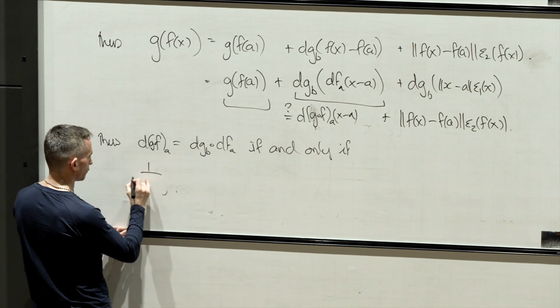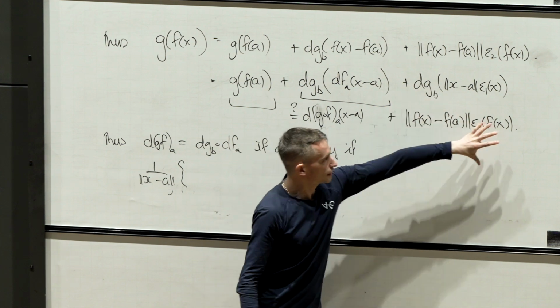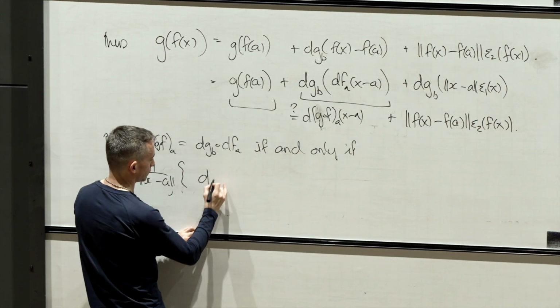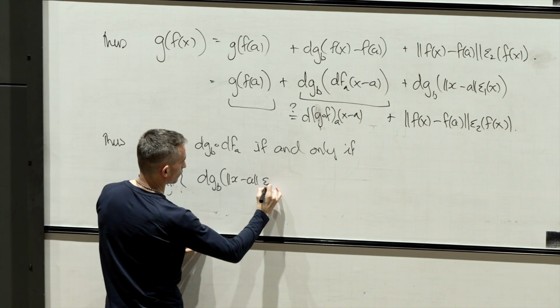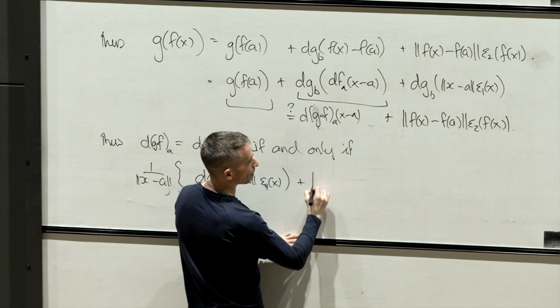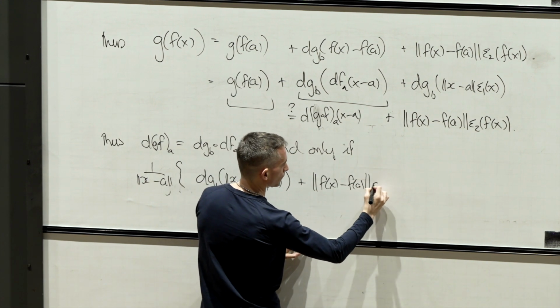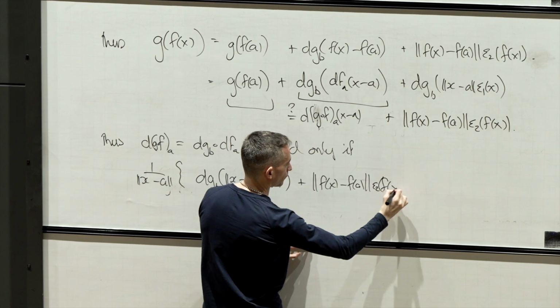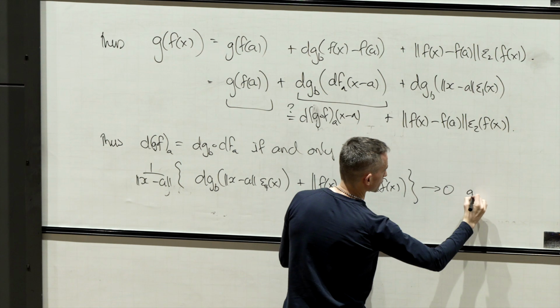So that's saying 1 over the norm of x minus a times this stuff goes to 0 as x goes to a.